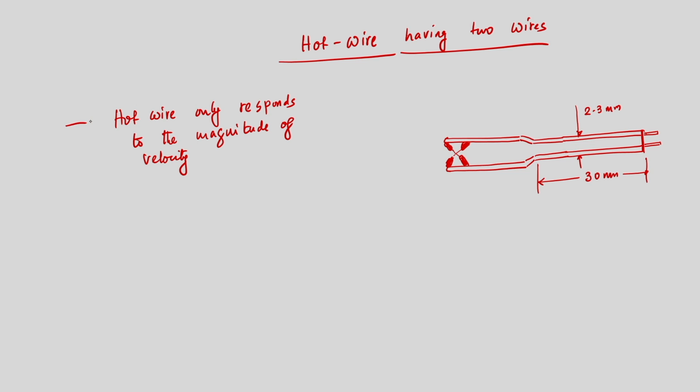So, we have discussed hot wires. Now, hot wire means we have seen only a single wire, and then we have seen that if we need to place this hot wire anemometer to measure flow velocity in a flow field where the flow field is highly chaotic, then the measurement may not be the correct one.